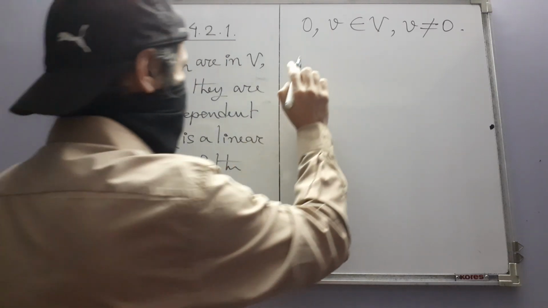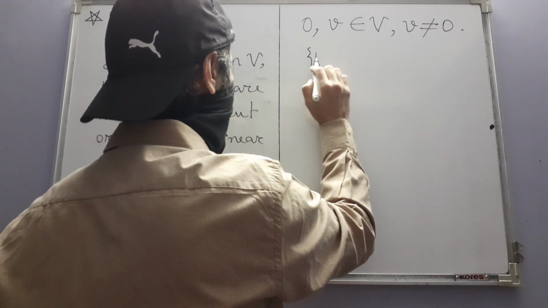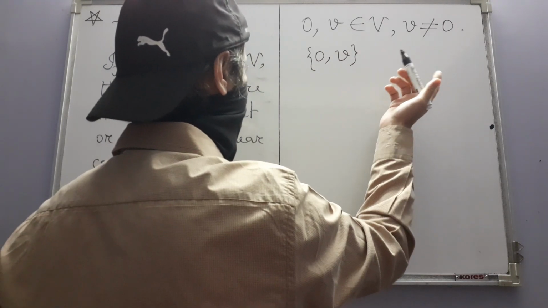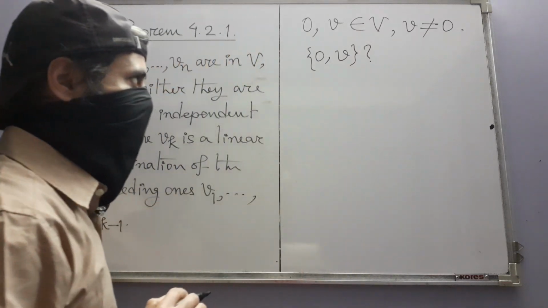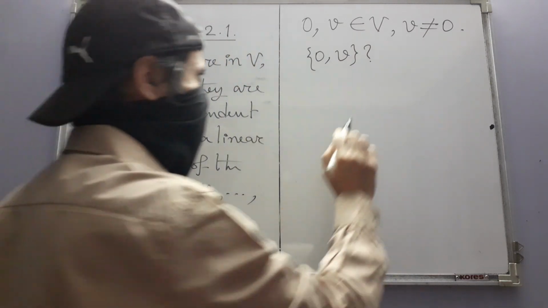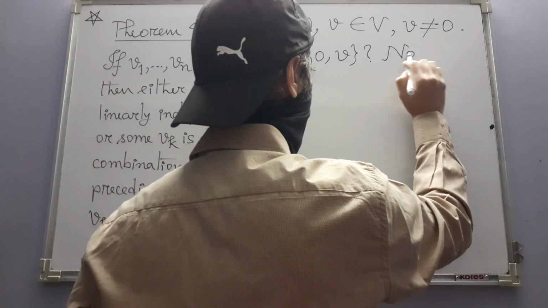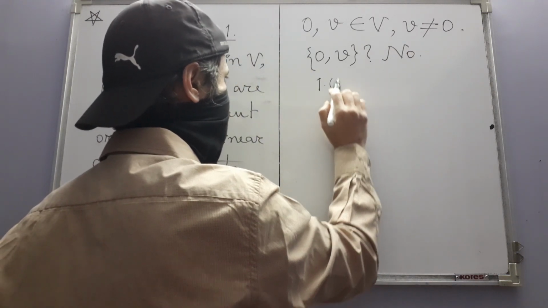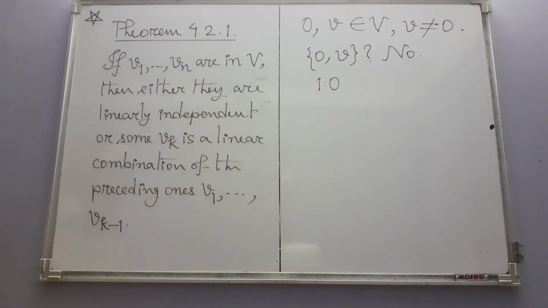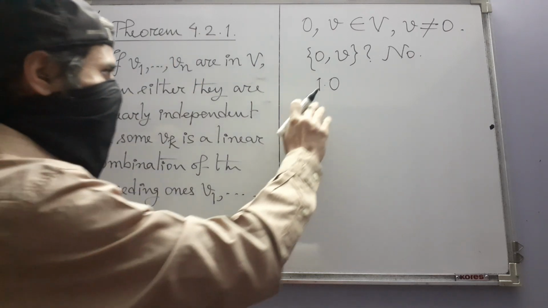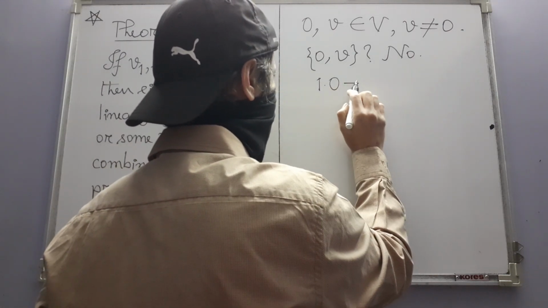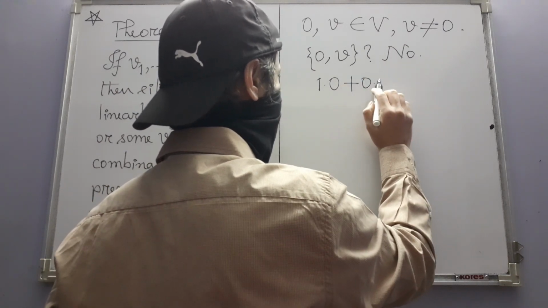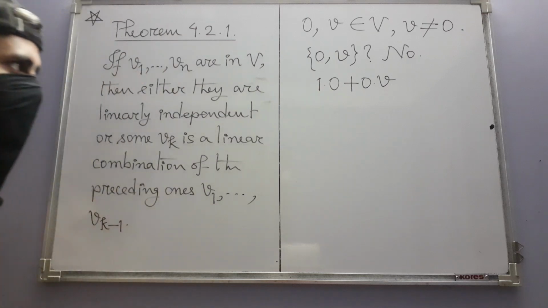Now, can this set be linearly independent? Is it linearly independent? The answer is no. Why? That's because you can choose the scalar 1, the unit element from the field, multiply the 0 vector by that, and you can choose the scalar 0, the 0 element of the field, and multiply the vector v by that.